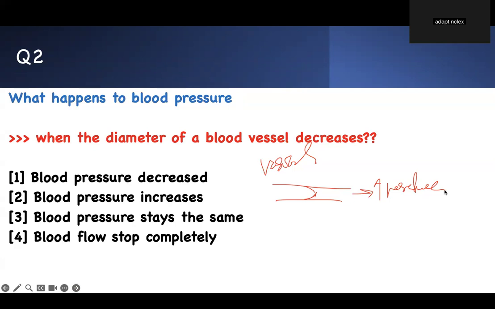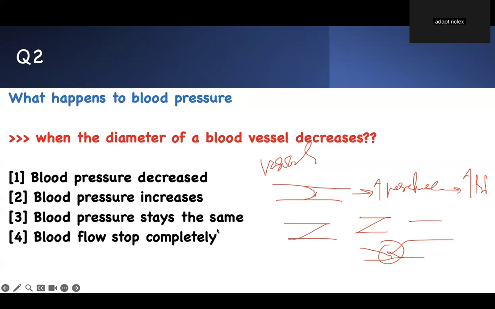When you increase resistance within the vessel, your blood pressure increases. So when the diameter decreases, so this is the diameter, this is the vessel, right? If the diameter decreases, that means it gets smaller than usual, the blood pressure is going to increase.